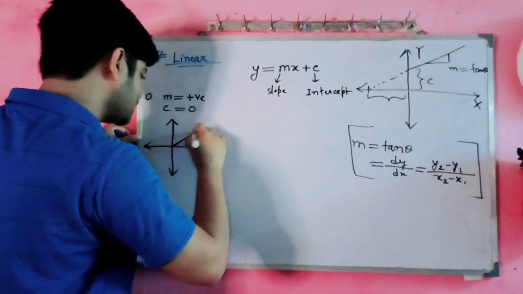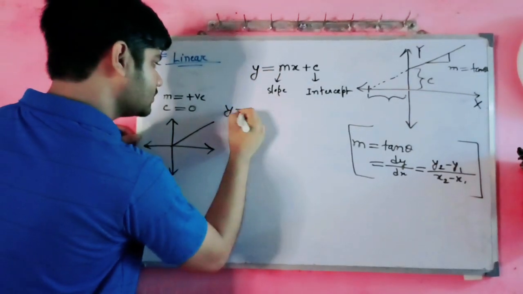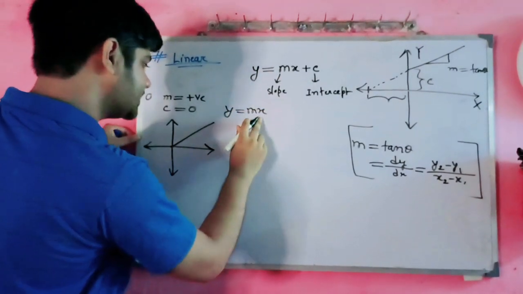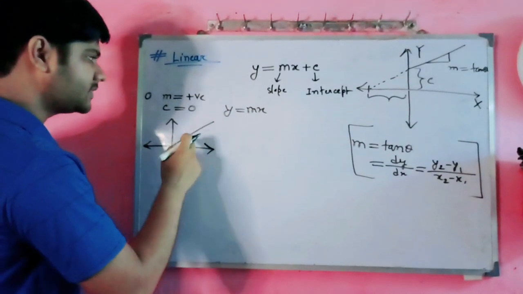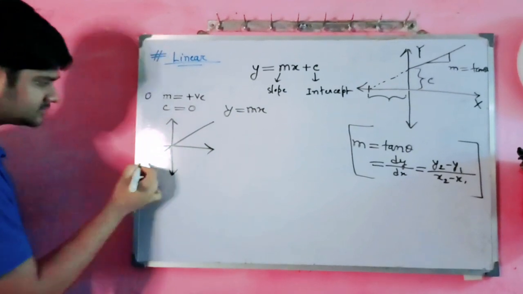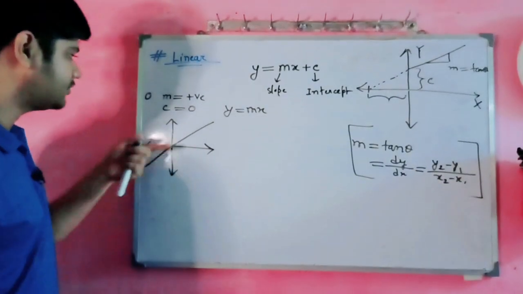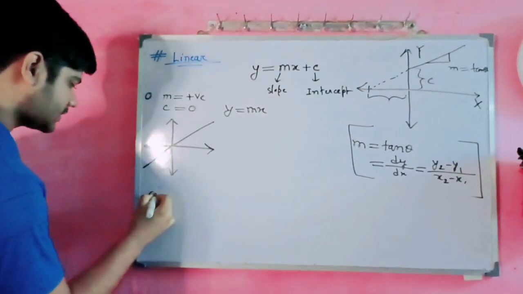That means it will pass through the origin. For positive x value, in the first quadrant we get this linear line. For minus x value, we'll just extend it towards the third quadrant, and the graph will look like this. This is for positive slope.